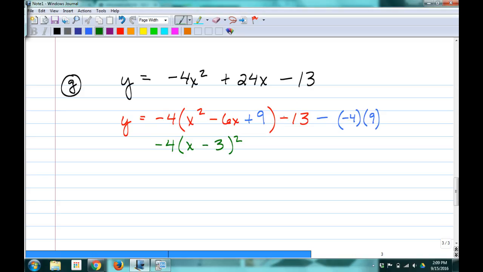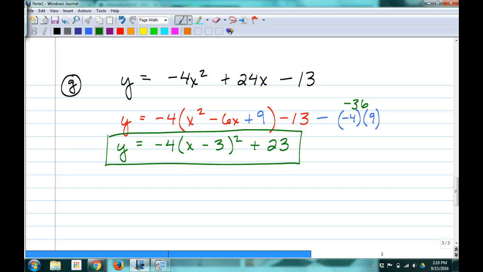And then negative 4 times 9 is negative 36, but I'm subtracting negative 36. So negative 13 minus negative 36 would be positive, how much? 23. And there's vertex form.